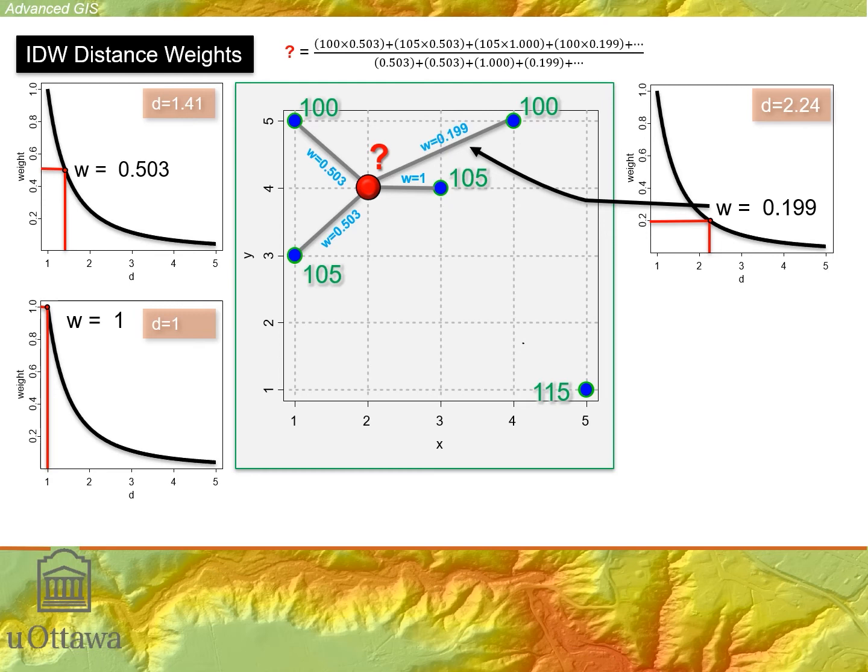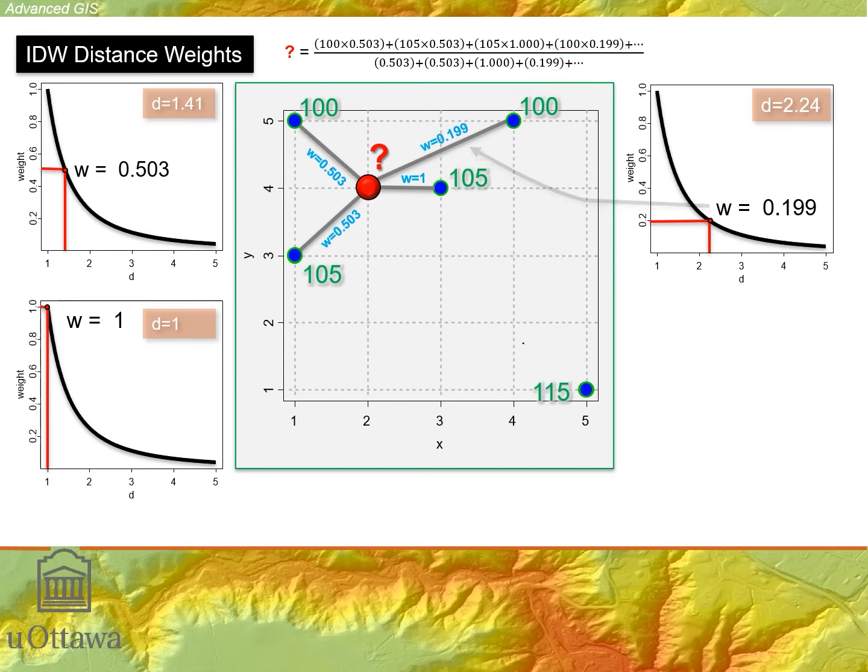And we multiply that by 100. And that goes up here in the numerator. And then again, we add the 0.199 to the denominator as part of the rolling total of the weights.